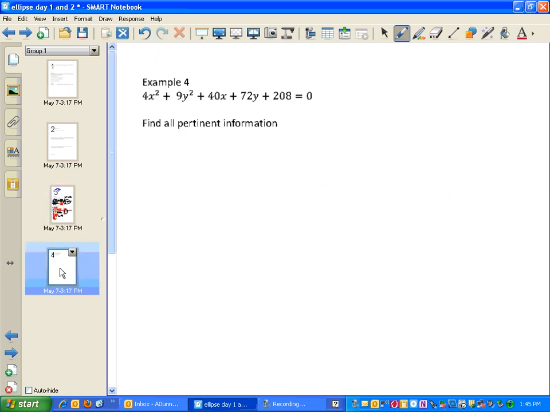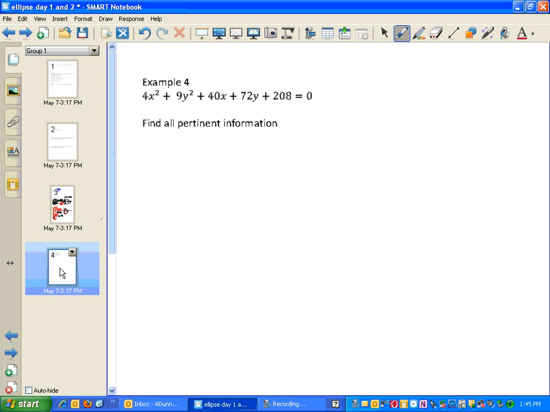Okay. What's wrong with this problem? It's not in standard form, right? How do I know by looking at this if this is even going to be an ellipse? Emily? Okay, in a second.